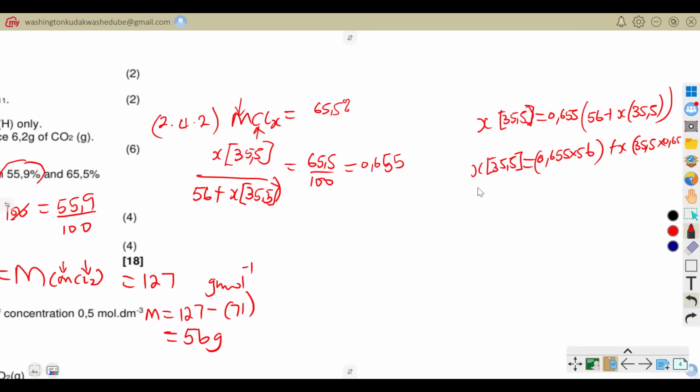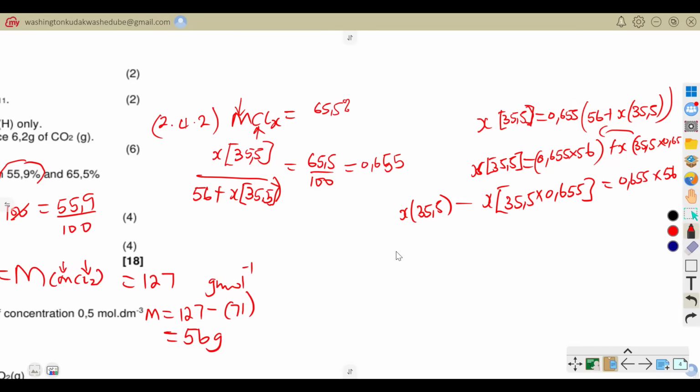And then by doing that, I will now need to group like terms. I will take x times 35.5, and then take this one to the other side, and then it will be a negative x bracket 35.5 multiplied by 0.655 being equal to this value, that would be 0.655 times 56.